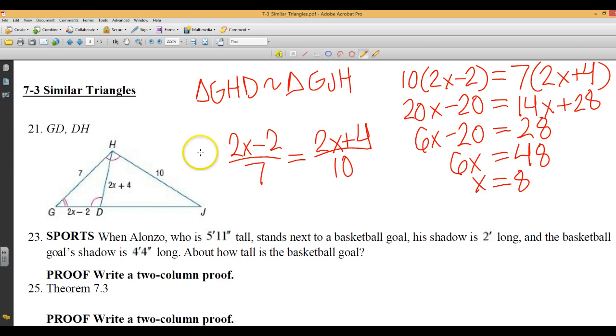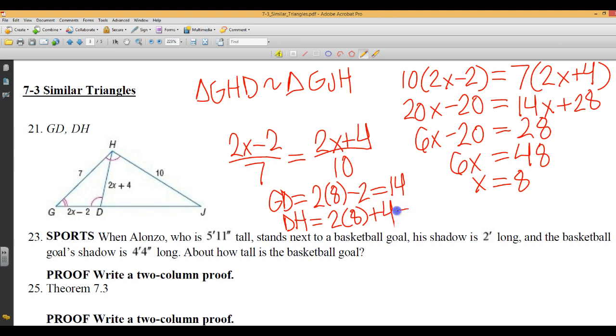So x is equal to 8. We can substitute that back in to find GD. So GD is 2 times 8 minus 2, or 16 minus 2, which is 14, and DH would be 2 times 8 plus 4, or 16 plus 4, which is 20.